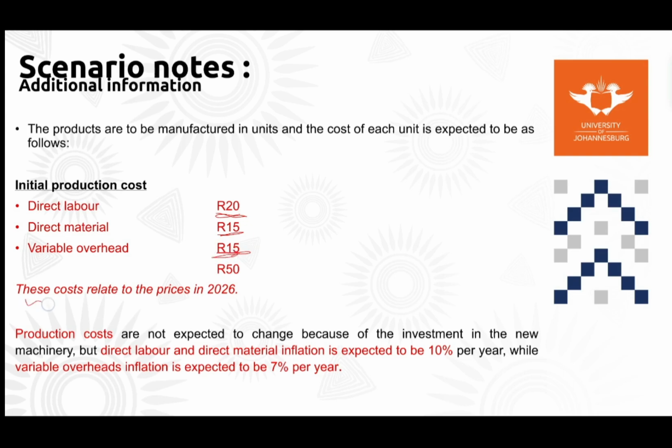But then they tell us that these costs relate to prices in 2026, right? So meaning that we might be expecting some sort of growth, because time value of money tells us that the value of money decreases over time, right? Because of certain influences.